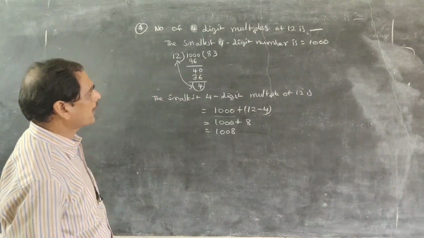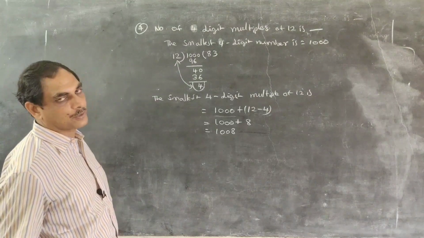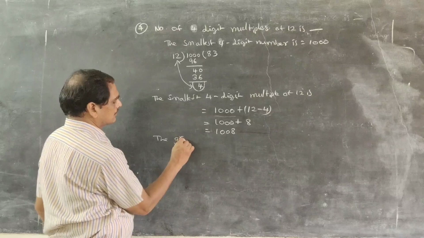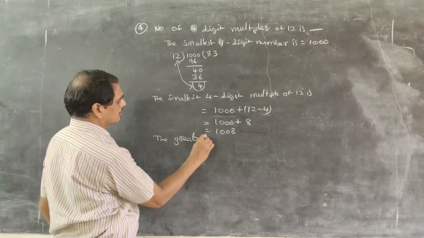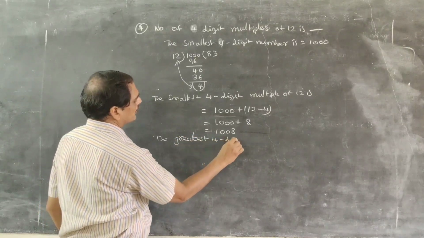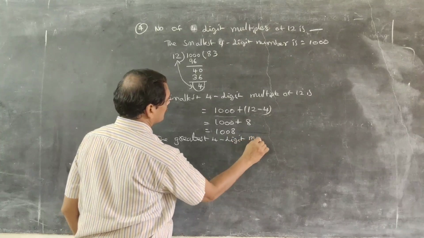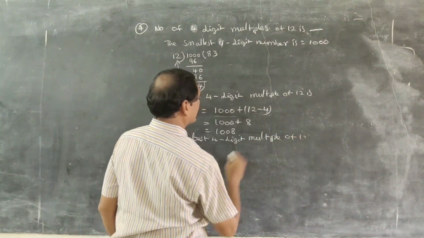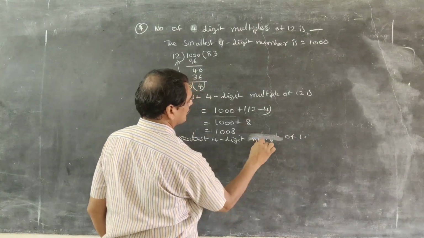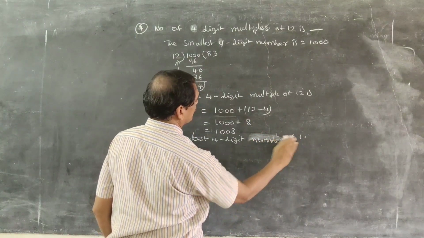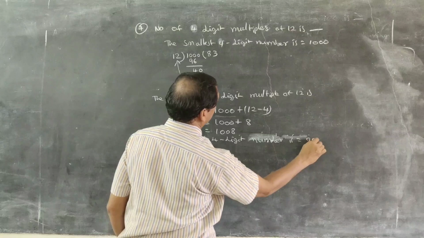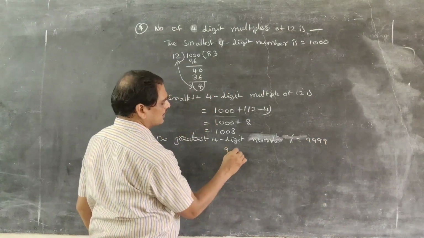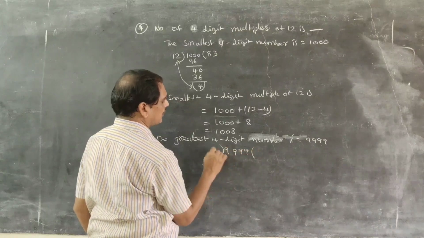Next, to find the greatest 4-digit multiple of 12, we write the greatest 4-digit number, which is 9999. Now we divide 9999 by 12.